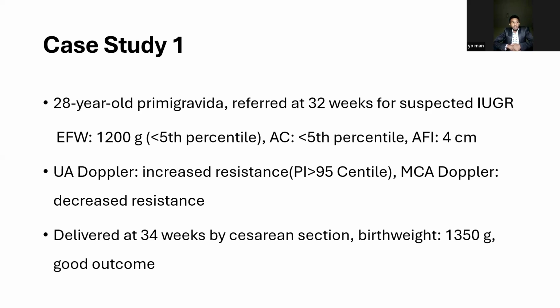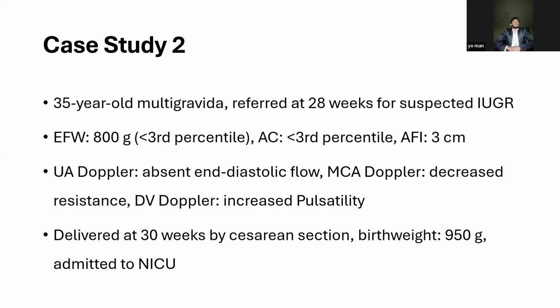As management, this patient was delivered at 34 weeks by cesarean section, and the birth weight was found to be 1.3 kg, and it was a good outcome. The second case study was a 35-year-old multigravida, referred at 28 weeks for suspected IUGR, and considered this as early FGR.